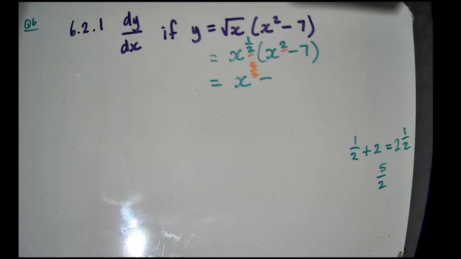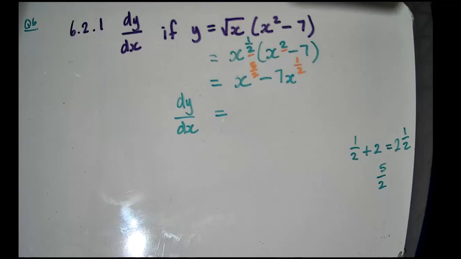Then multiply x to the half times negative 7. This will give me negative 7x to the half. Now dy over dx, this means I need to differentiate over there.